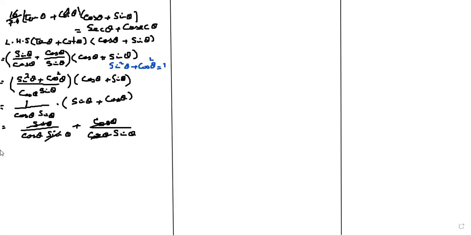So we have 1 over cosine theta plus 1 over sine theta, and we know that 1 over cosine theta equals secant theta and 1 over sine theta is cosecant theta, which is equal to the right hand side.